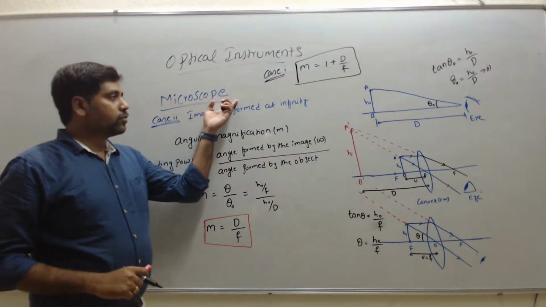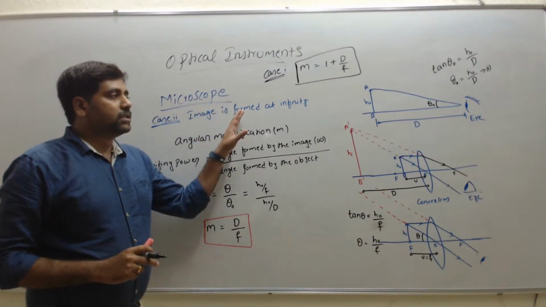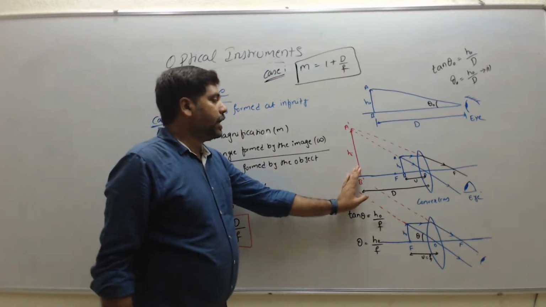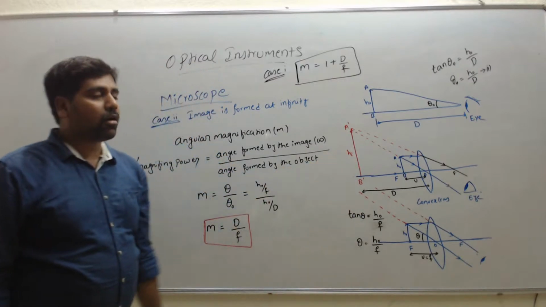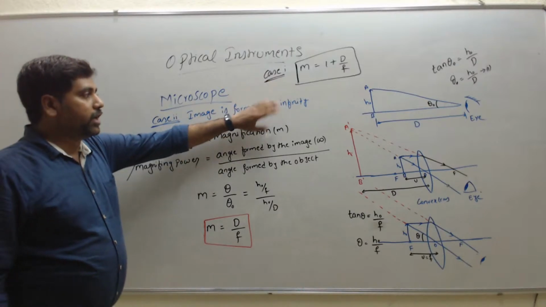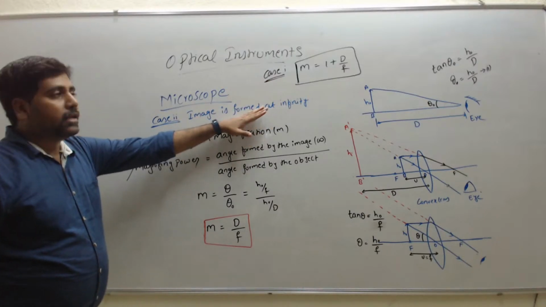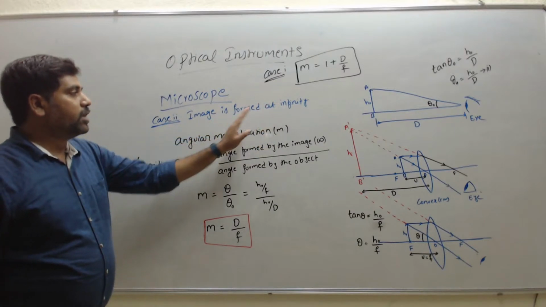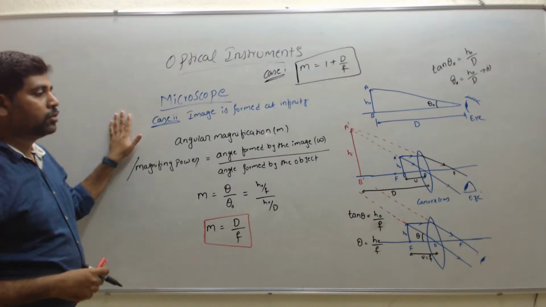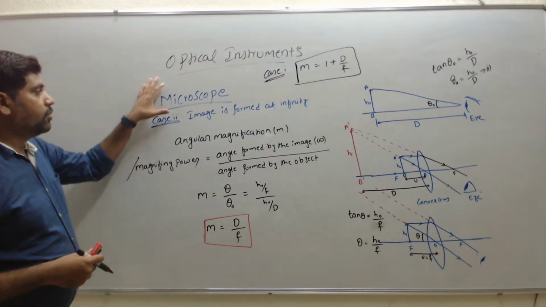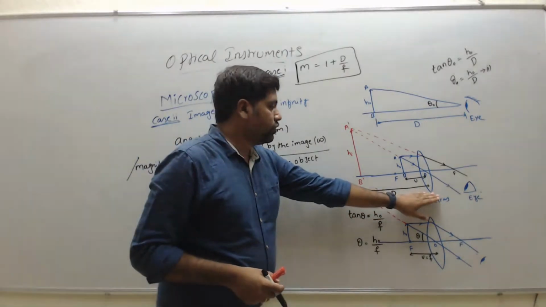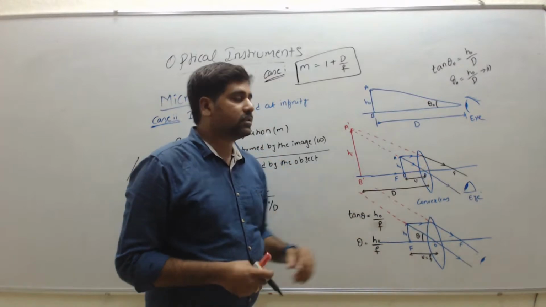So what is a microscope, what is the least distance of distinct vision, how we obtain the image, the principle of the microscope, and the magnification in two cases: one is the image formed at the near point and the second is the image formed at infinity. So this is about the microscope, or simple microscope, because here we are using only a convex lens.